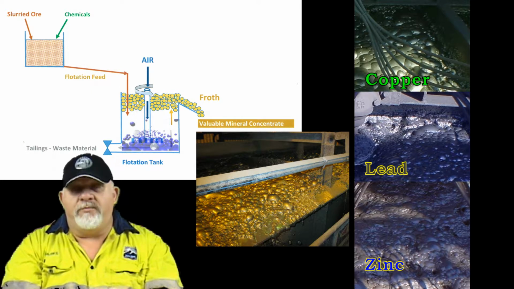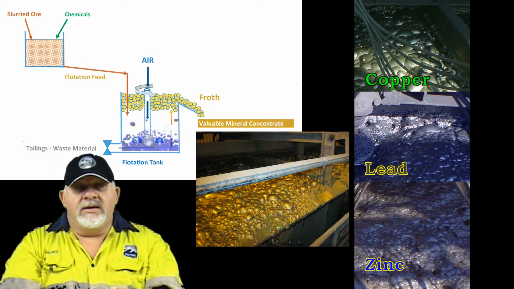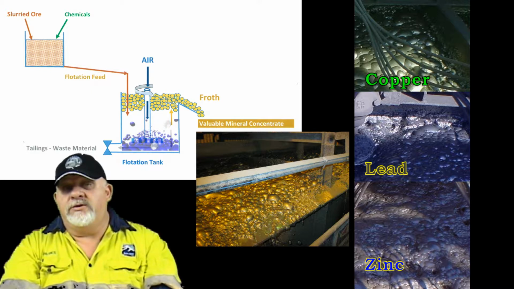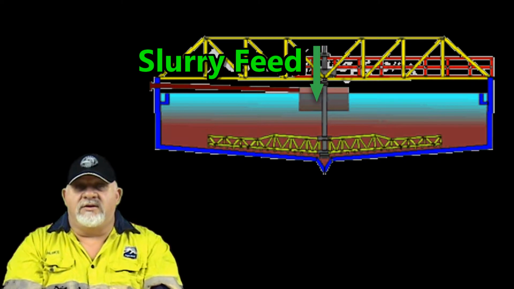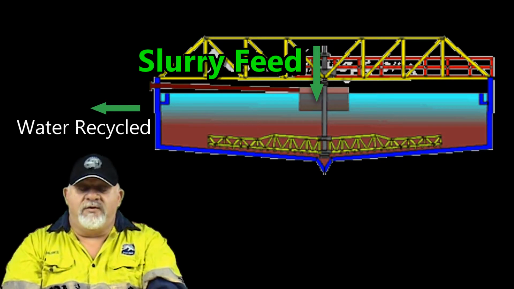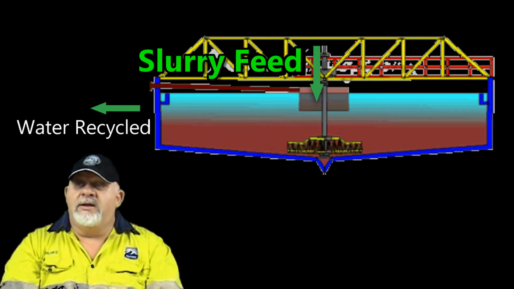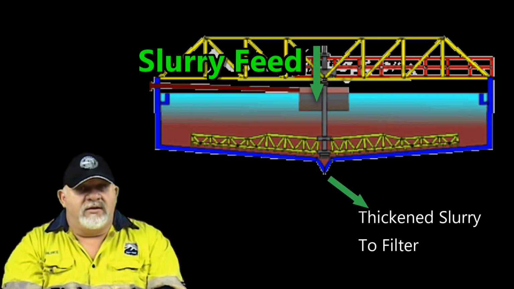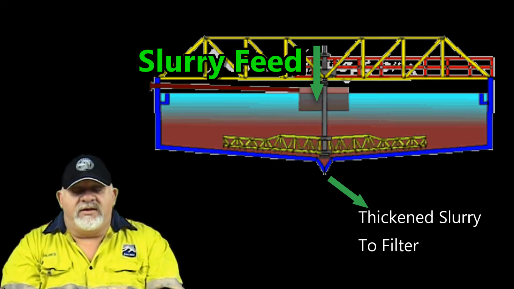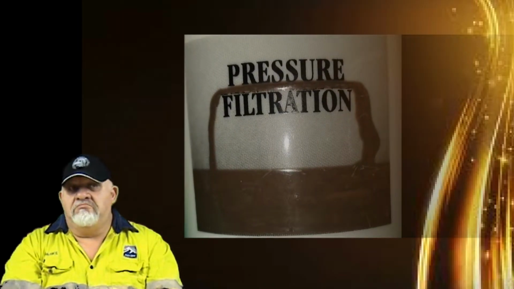Now what do we do with that? Well, with those three products, they need to be filtered. Well, it starts with dewatering in what's called a thickener, so the bulk of the water is removed and recycled back through the plant. Then what's left is a very thick slurry. That very thick slurry is fed into a filter.